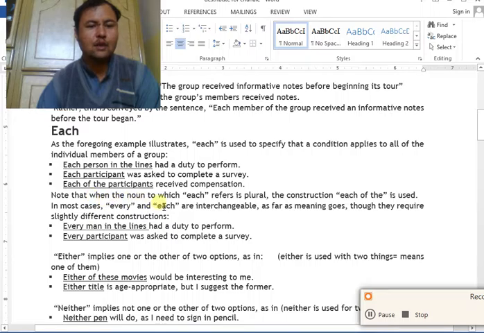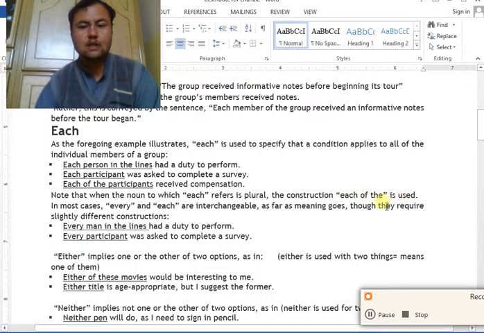Note that when the noun to which each refers is plural, we use each of the, not only each. Each of the participants is used in most cases.